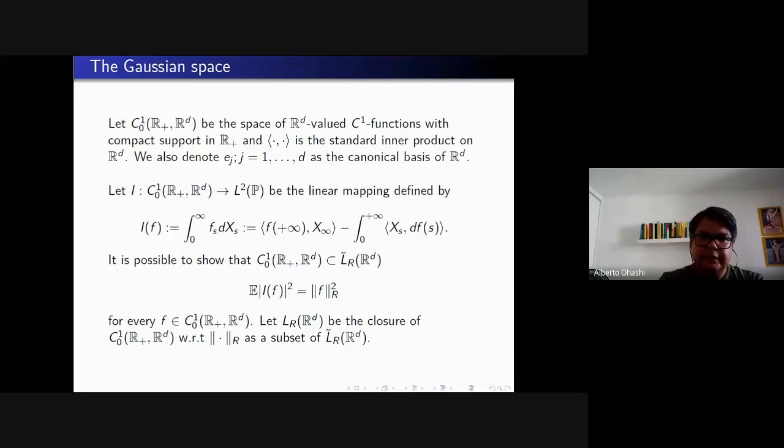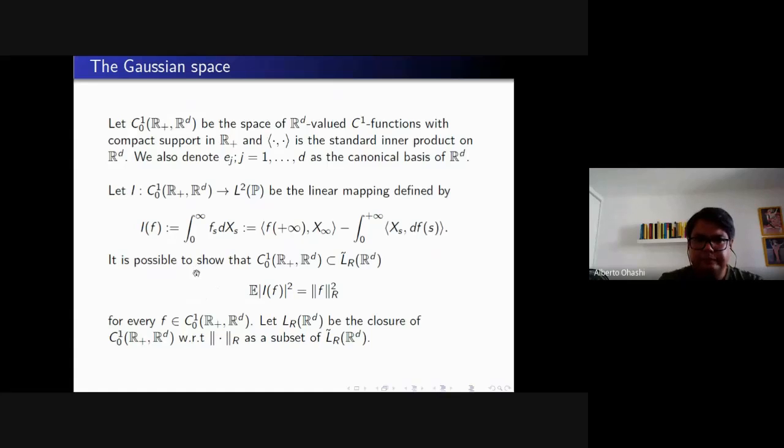Okay, so we consider a set of smooth functions, C1, with a compact support. And we define what, later on, will be the classical Paley-Wiener linear mapping in this Malliavin calculus framework.